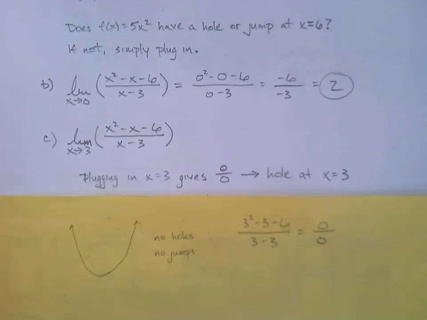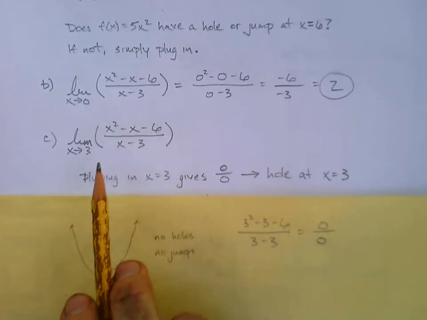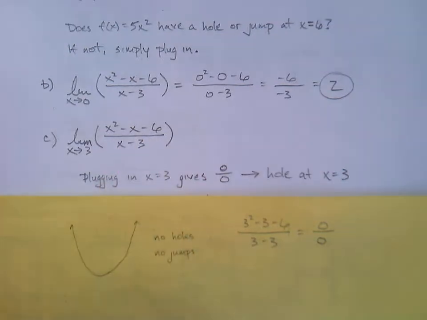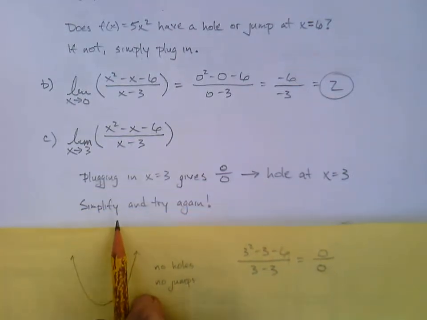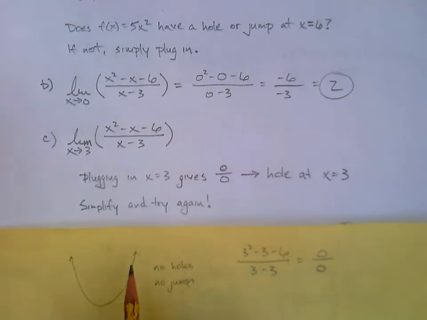Different problems you approach slightly differently, but basically, what we want to do here is simplify. If there's a way to write this simpler, then maybe we can figure it out. And maybe you guys even noticed this already. That's what I just said in words: simplify, and by try again, I mean try to plug x equals 3 in after it's simplified.